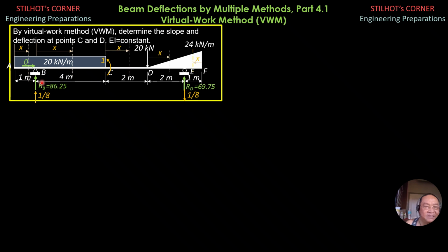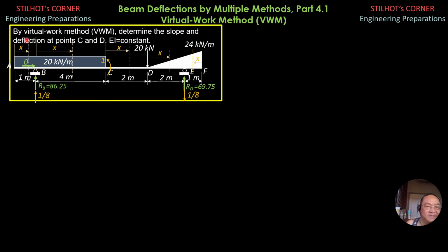So remember that the virtual work method in computing for the slope, we have EI theta is equal to integral of big M, where big M is the moment at the section due to the actual loads, then small m, moment at the section due to the unit virtual load and the reactions, of course, dx over 1 if EI is constant, if I is 2, so over 2, and so on and so forth.